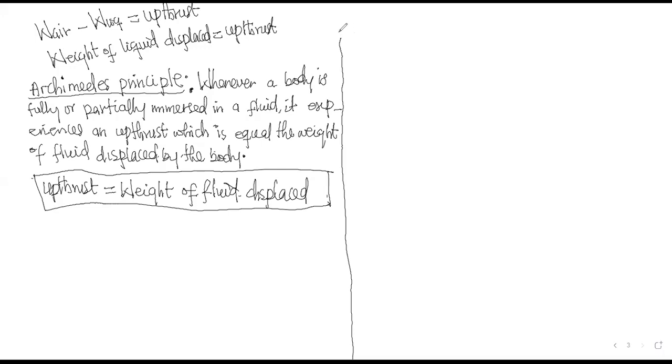By weighing it in air, weighing it in fluid, and then subtract. When you subtract, the difference is equal to the upthrust. And we can also use the Eureka can method. We collect the water displaced and weigh it. The weight of the water displaced is equal to the upthrust.